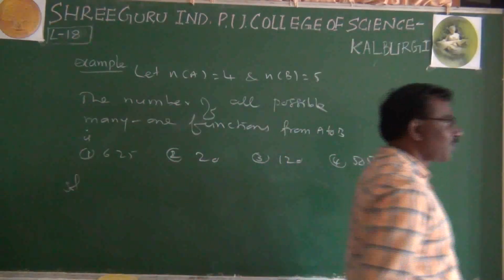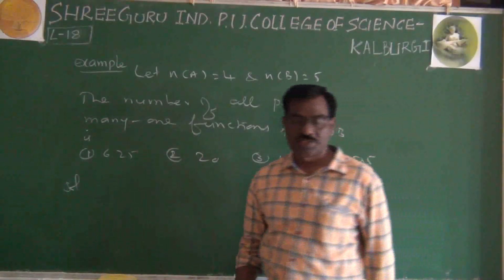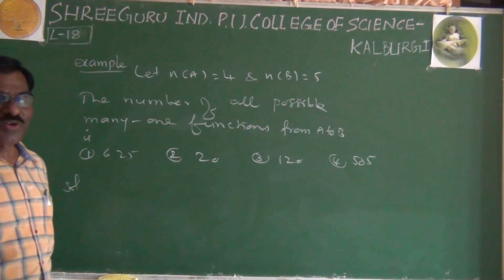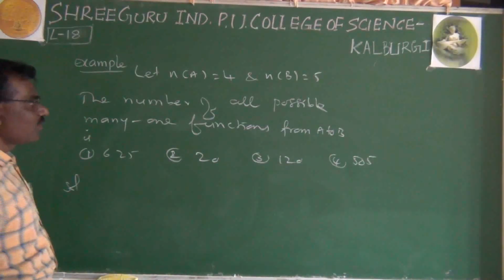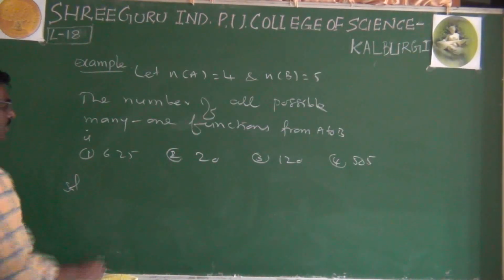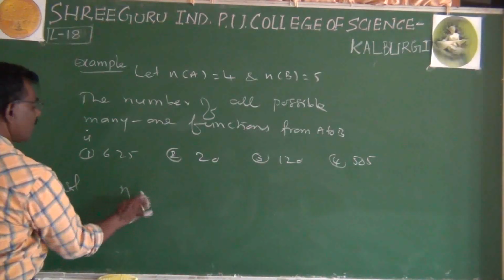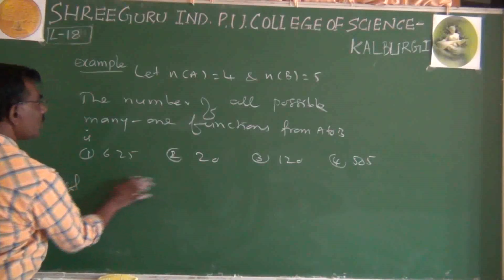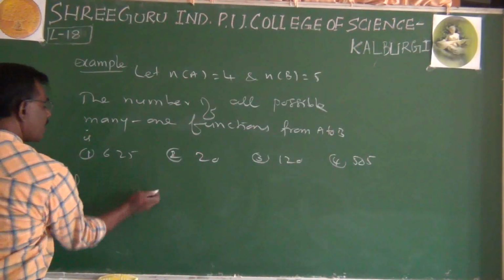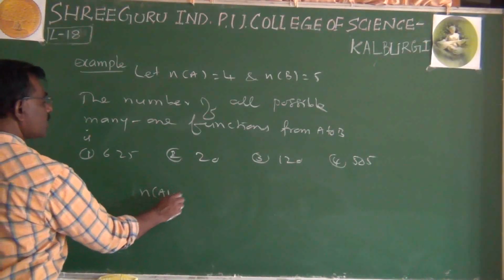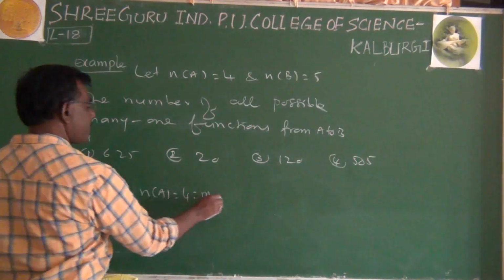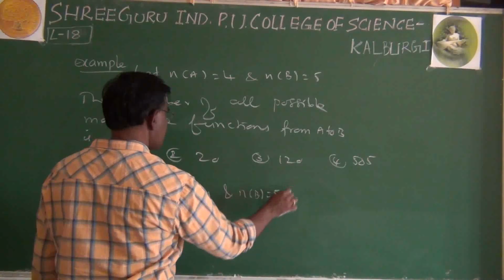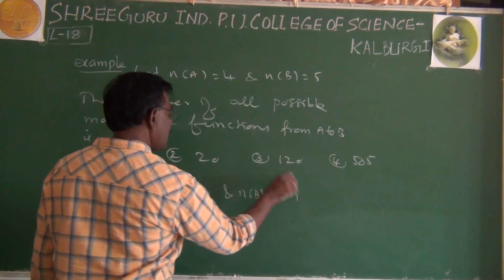We have already explained the two points to remember, the synopsis points and diagram. For the number of many-one functions, what is the value of n? n of A is 4, which is m, and n of B is 5, which I am calling n.